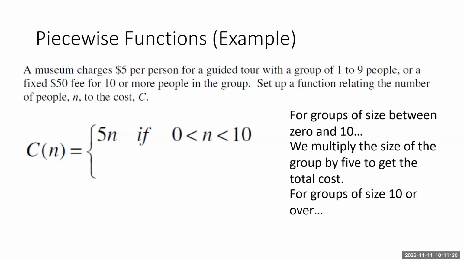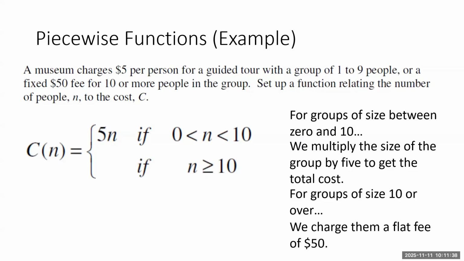For groups of size 10 or over, our domain for the second line would be if n ≥ 10, and our formula would be a flat fee of $50, so it would just be 50 to the left of that. So our second line would read 50 if n ≥ 10. And so this together forms the piecewise function of c(n).